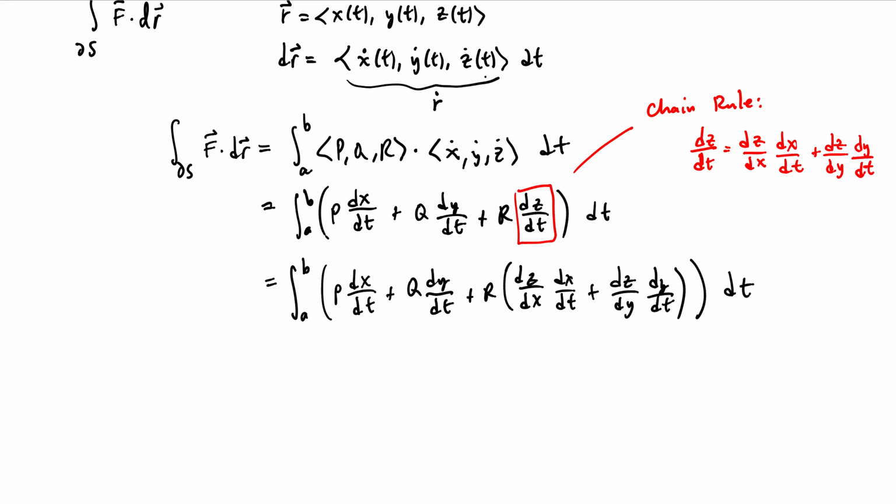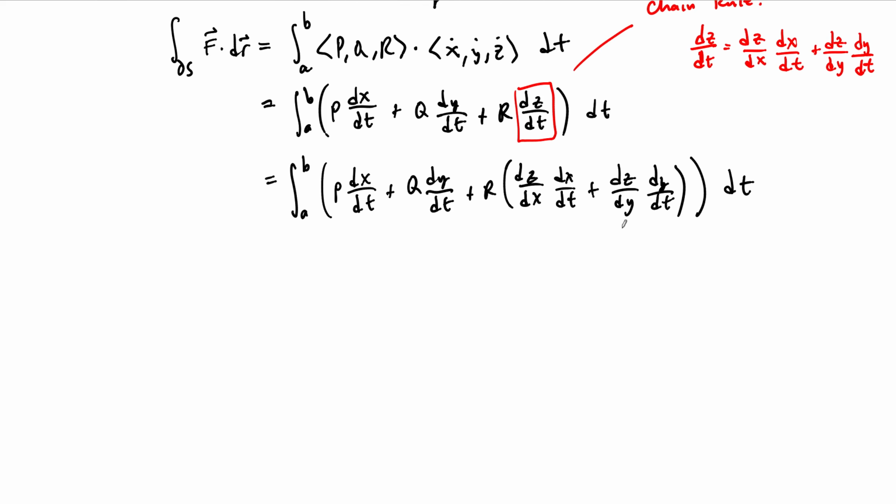And if we then rearrange this, we're going to group by dx/dt and by dy/dt, and we're going to group these terms together. So this integral now looks like the integral from a to b.